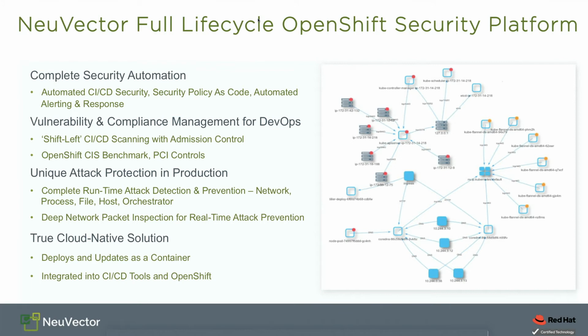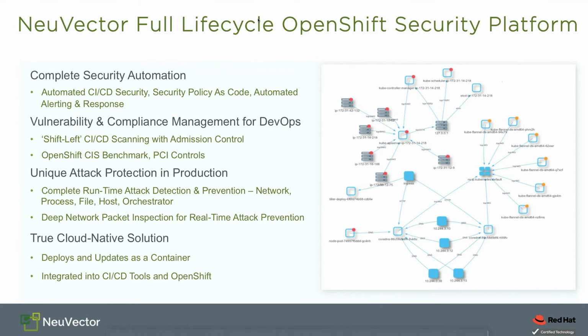We have a runtime protection or production platform that allows us to look at both your network and your processes and your files and your host and your orchestrator, and make sure that everything is running in accordance with the policies that you set up.